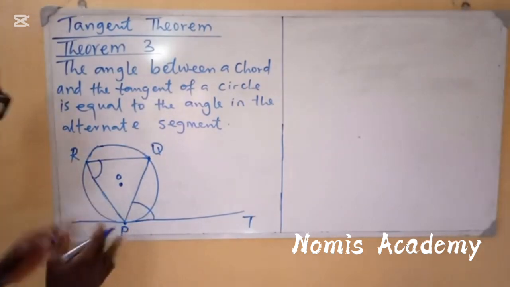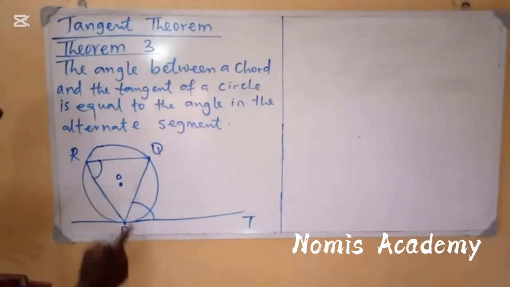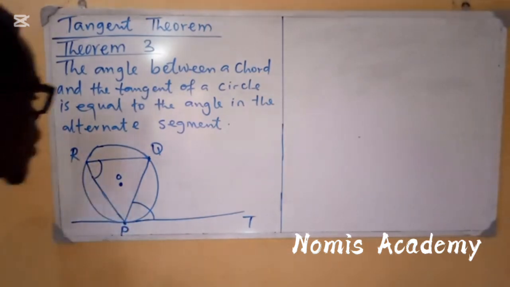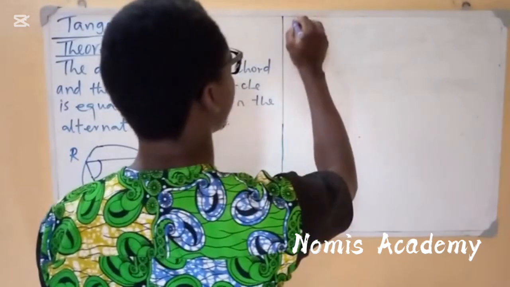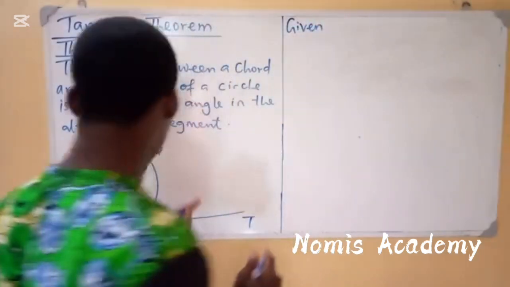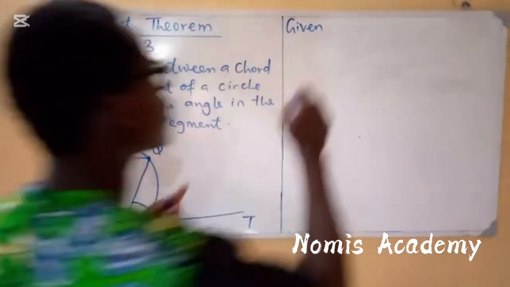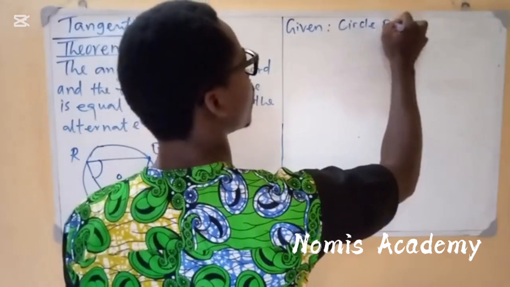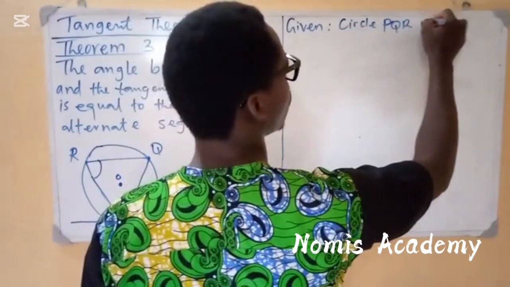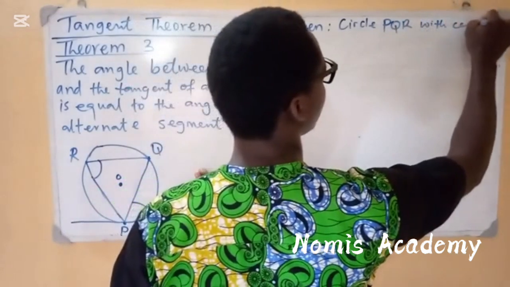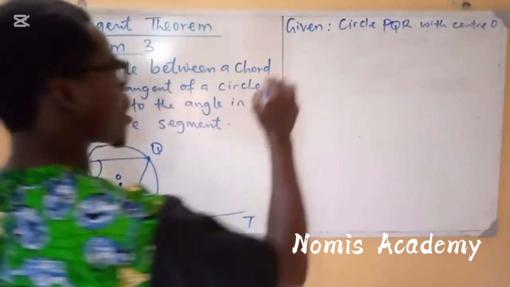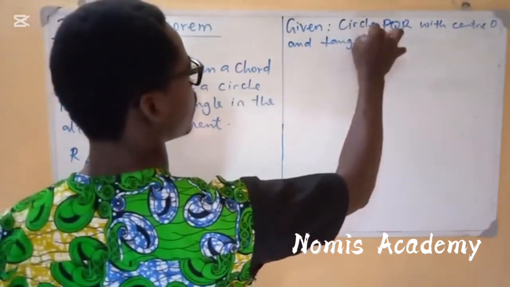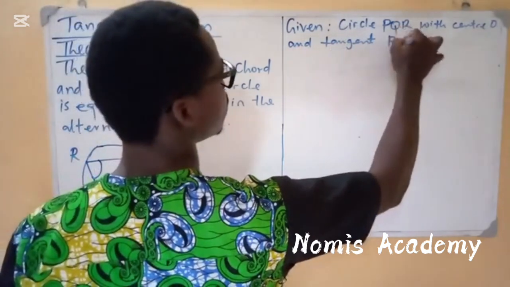So we are going to prove the theorem. We are going to show that the angle at P is equal to the angle at R. So now let's start. We are given a circle PQR with center O and tangent PT.